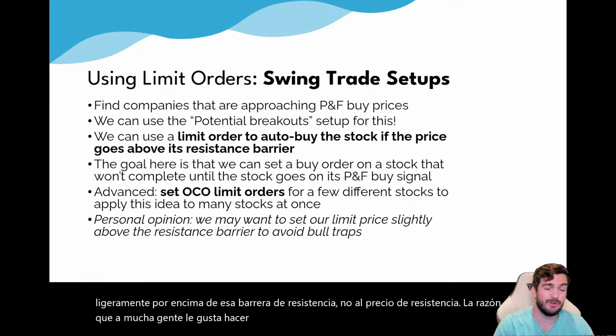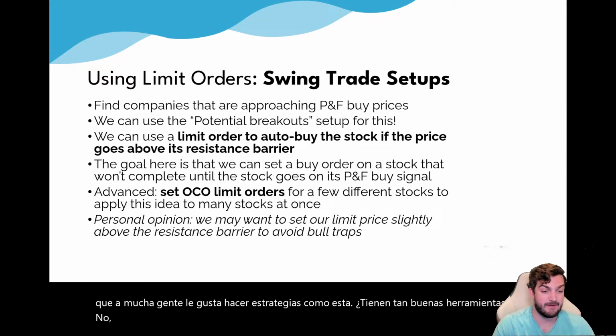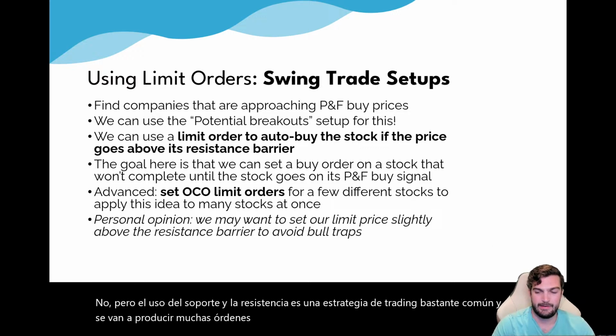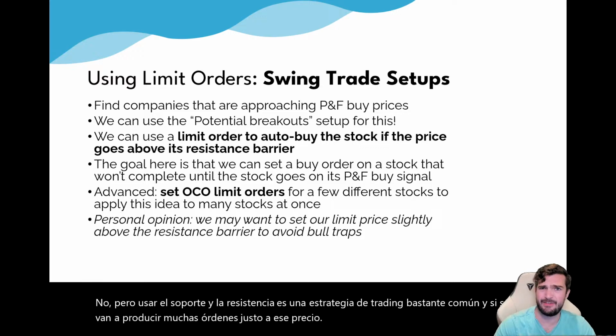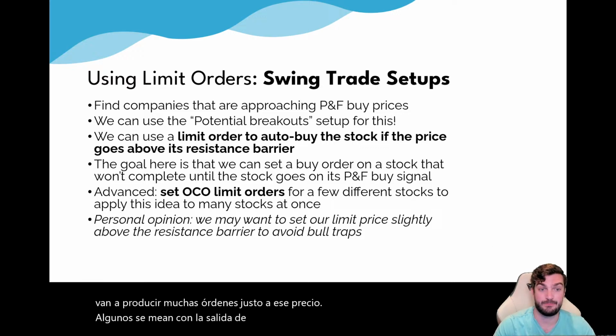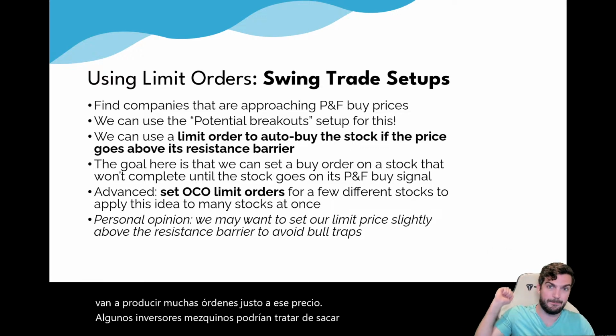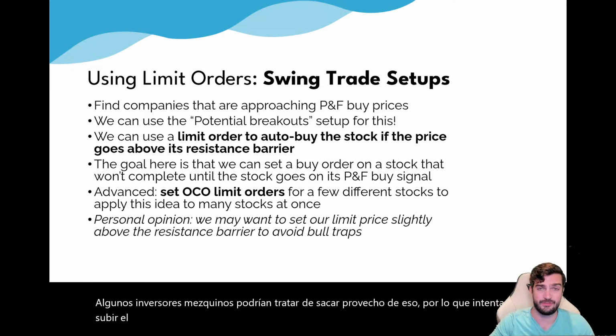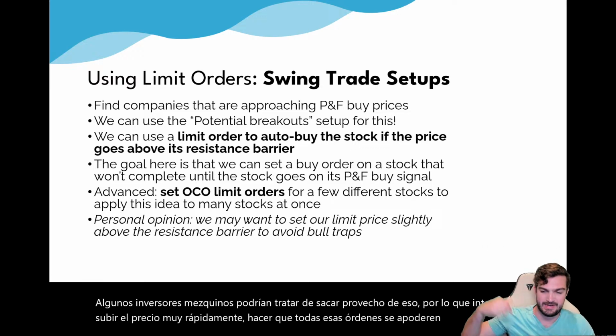The reason is that a lot of people like to do strategies like this. Do they have as good of tools? No. But using support and resistance is a fairly common trading strategy. And if a lot of orders are going to happen right at that price, some mean investors out there might try and profit off of that. So they'll try and raise the price really quickly, get all of those orders to execute automatically, and drop the price as a result.